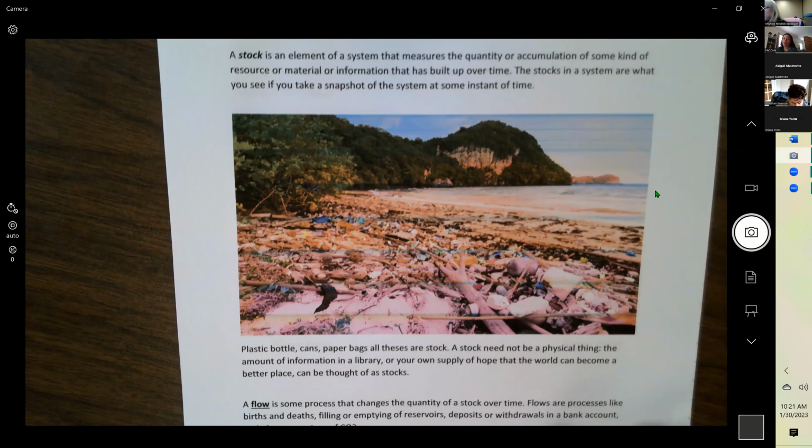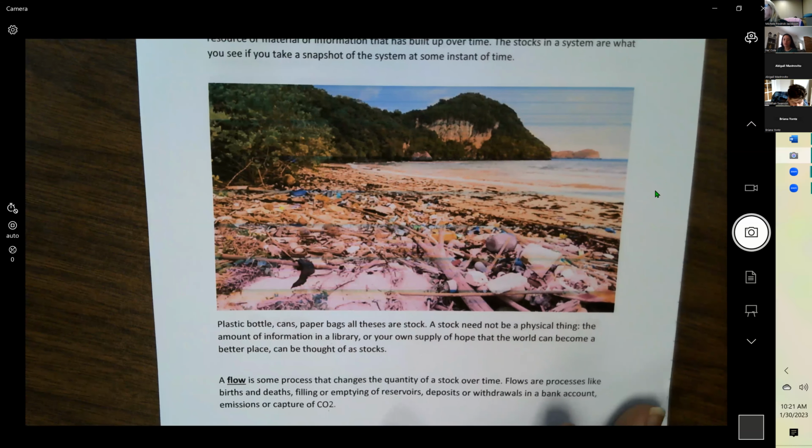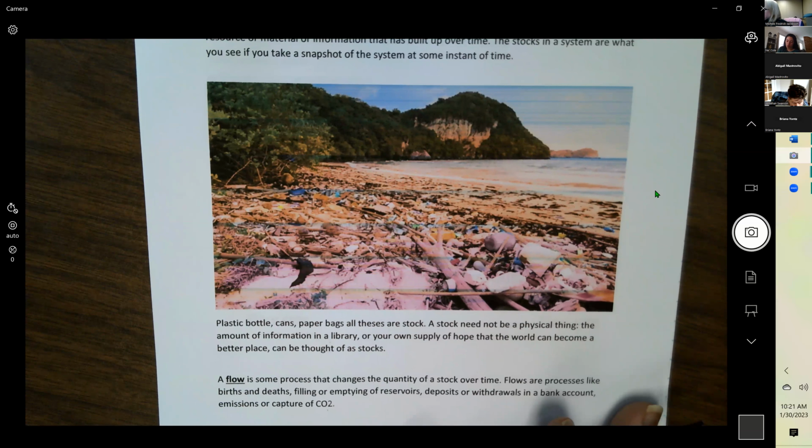So it's just like the number of things. Yeah, anything you can measure. Like we can measure how much information's in the library. Hope would be a little harder, I don't know why they put that in there, but your book used hope. Hoping for better things, I guess it could be a stock.